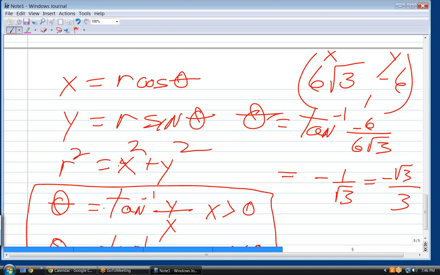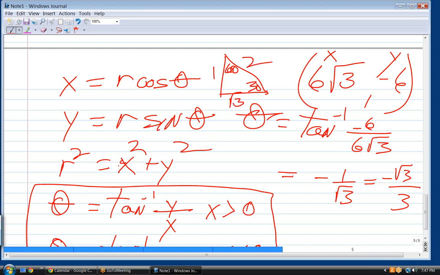You can use your calculator, I presume. Are you allowed to use your calculator to do these? Yeah. Although that is one of the special angles. That's a 30-60 angle. Oh. Okay. Let's draw the triangle. Sometimes it's easier to use this model. That's always 1. That's root 3. That's 2.